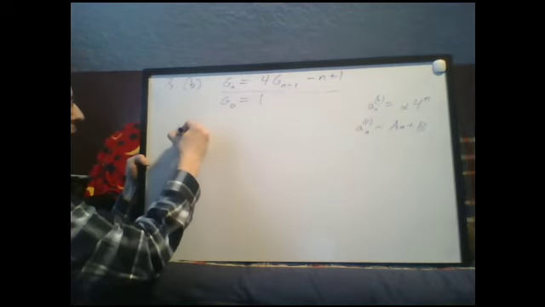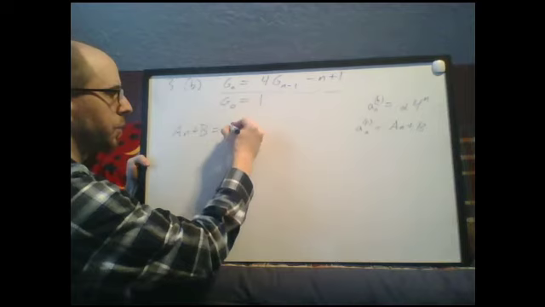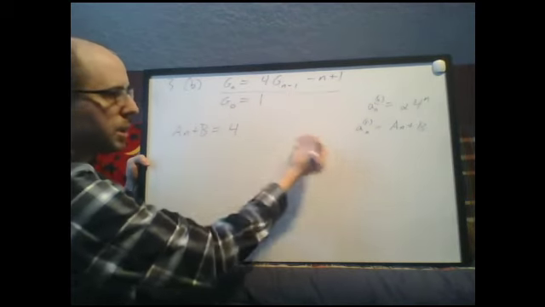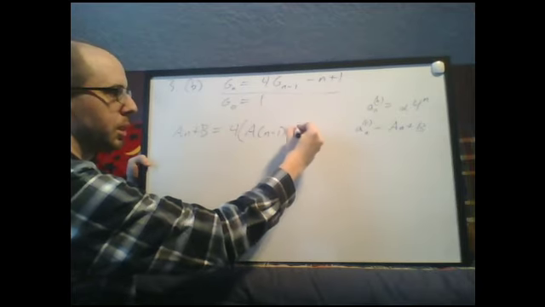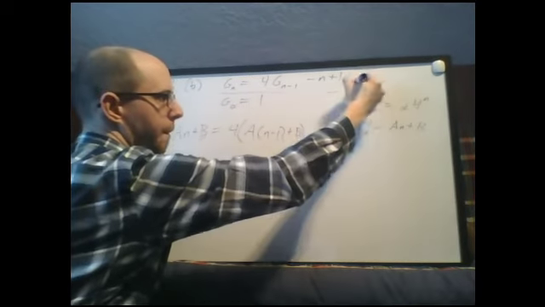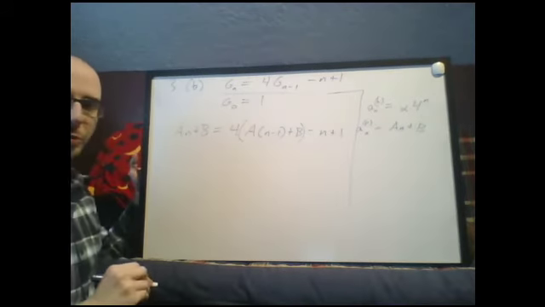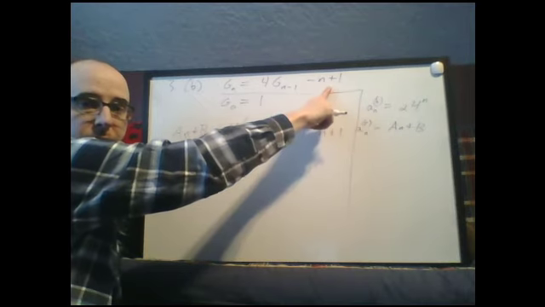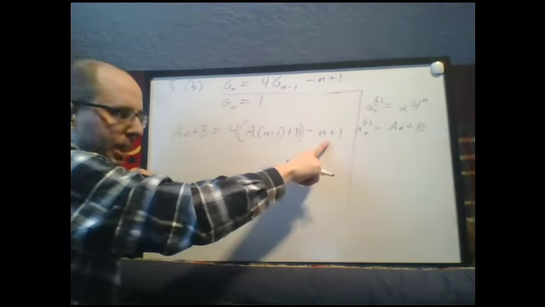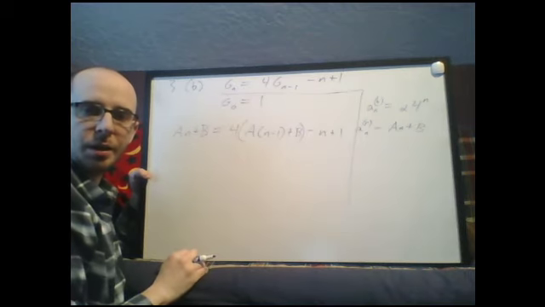So I have an plus b equals 4, but now it's n minus 1, so that'll be times a times n minus 1 plus b, minus n plus 1. Remember, when we're plugging the APN into the recurrence, we leave this last function the same. We're not plugging anything there because our sequence only appears where there's the letter with the subscript.